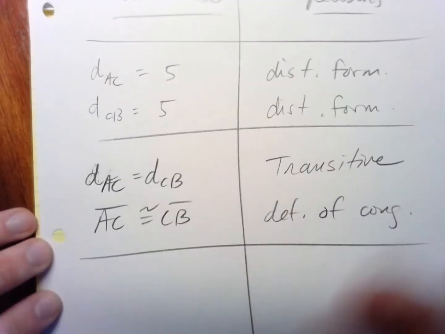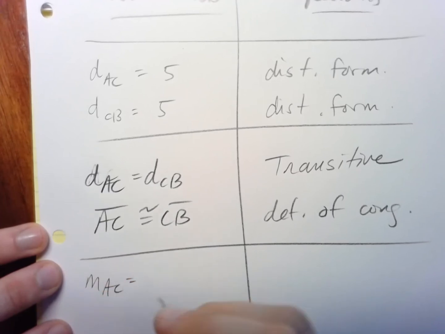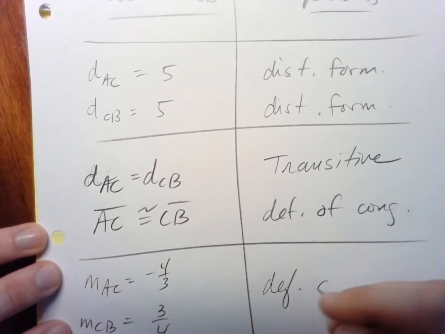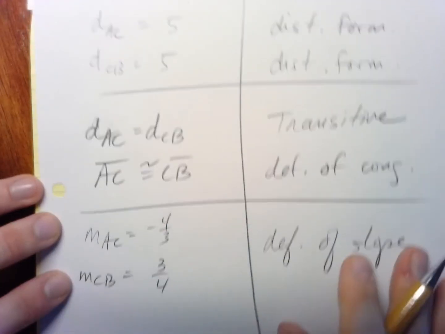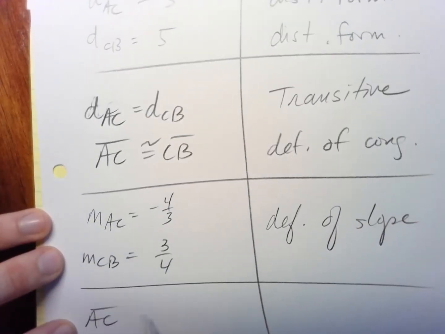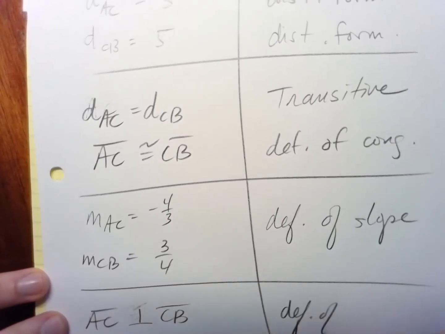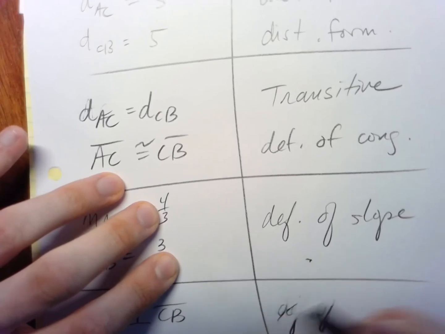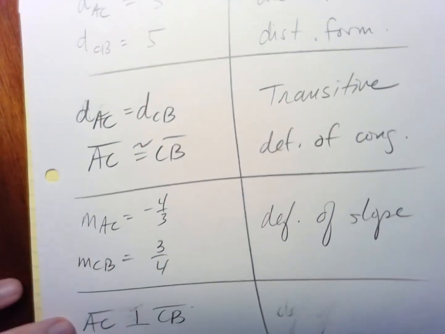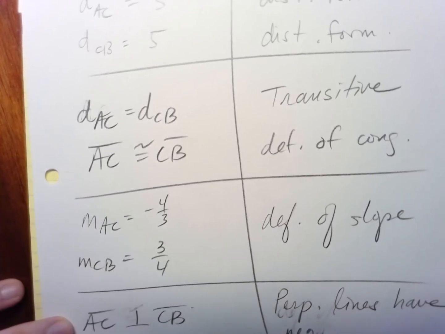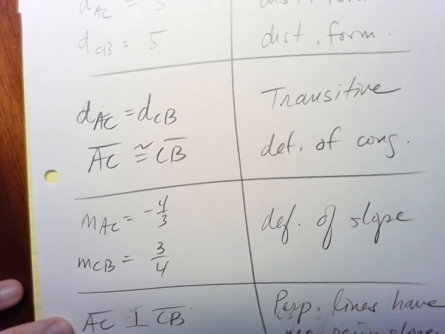Okay? And then we can show that the slope of AC is negative 4/3 and the slope of CB equals positive 3/4 by the definition of slope. That's how we actually calculated that. And so then we can say that AC is perpendicular to CB, because perpendicular lines have negative reciprocal slopes.